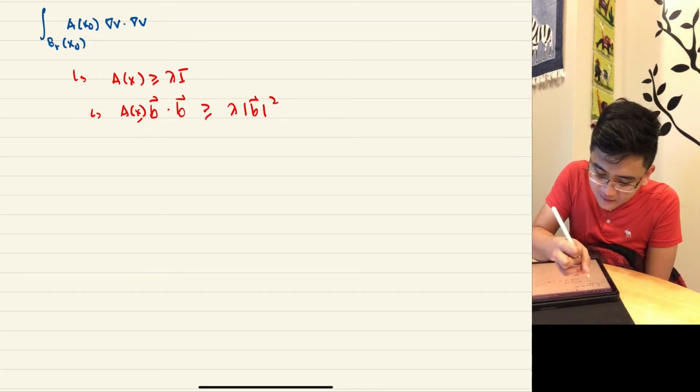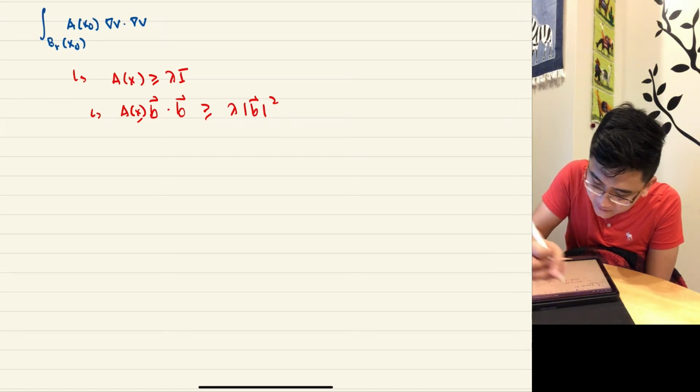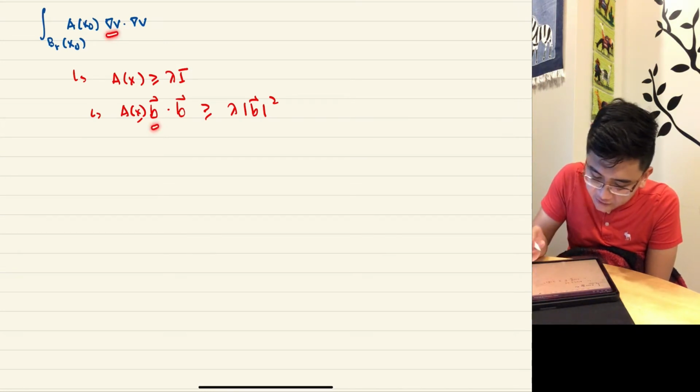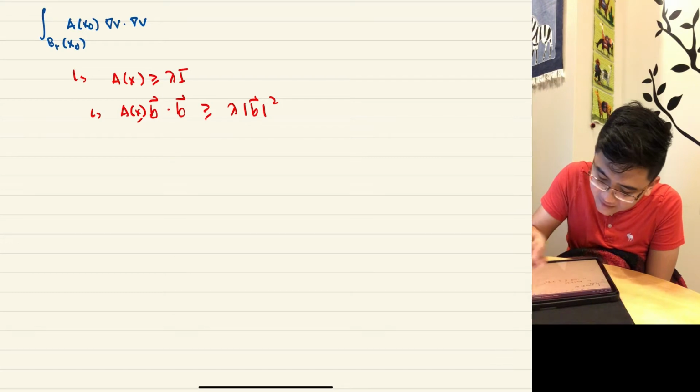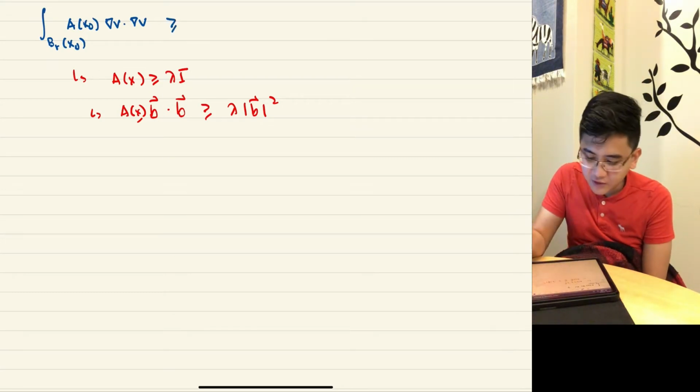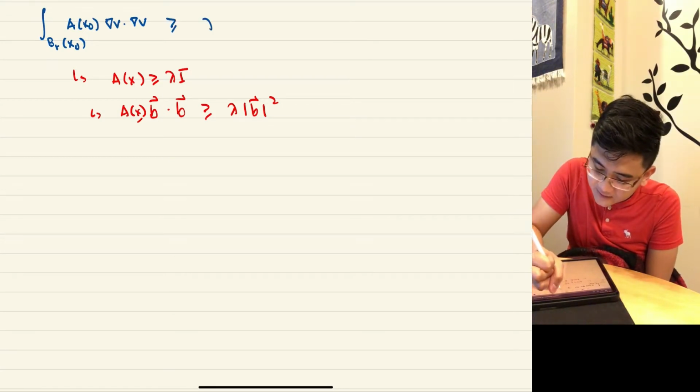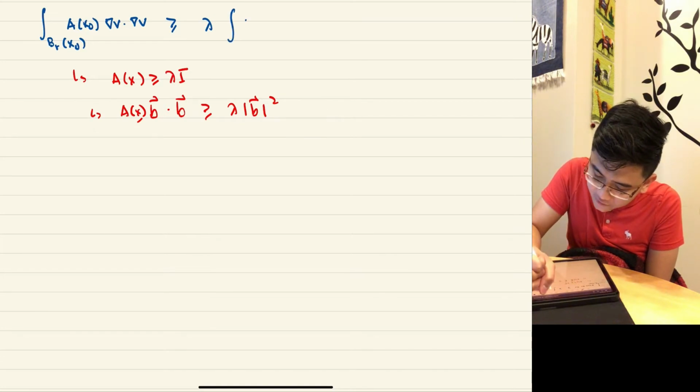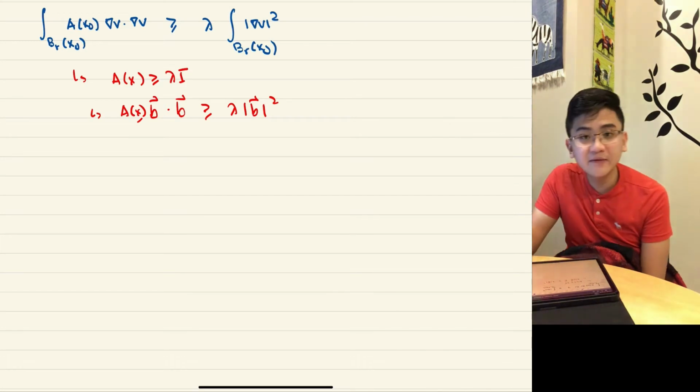Okay, so note that grad v is a vector. Using this, this is going to be greater than or equal to little lambda times the integral of grad v squared over B_R of x0. So very straightforward.